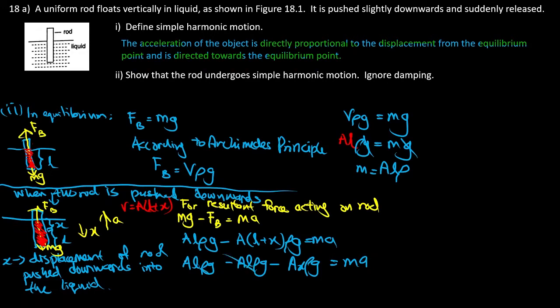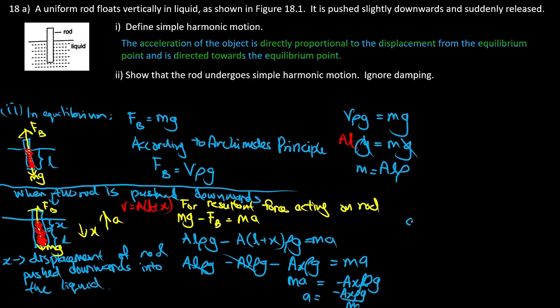So this one will be eliminated. So your MA will be equal to negative AX rho G. So a will be equal to negative AX rho G divided by m.